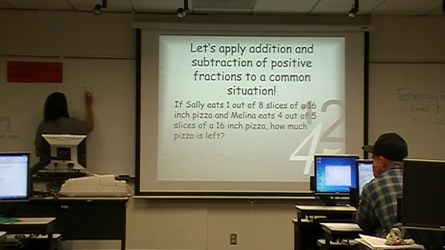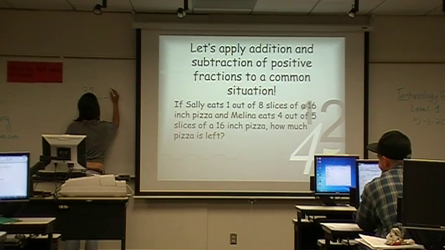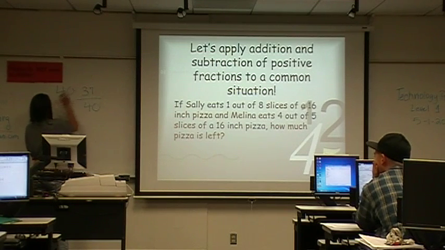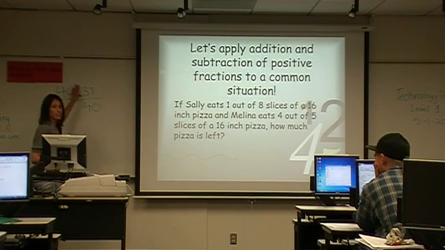So let's take that 37 out of 40. So 40 out of 40 minus 37 out of 40 would indicate how much pizza is left, because 40 is the equalized portion of both amounts that they've consumed, and 37 is what they've actually consumed.